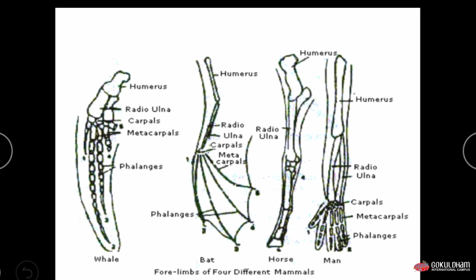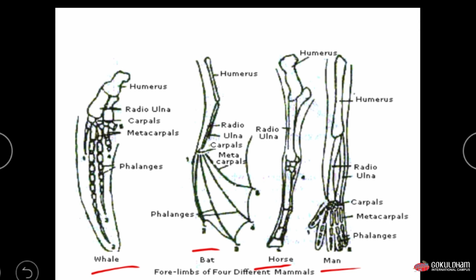Look at this picture. You can see the structure of the forelimb of different animals. For example, whale, bat, horse and man. All these organisms have structurally similar forelimbs, but all these organisms use their forelimbs for different purposes.